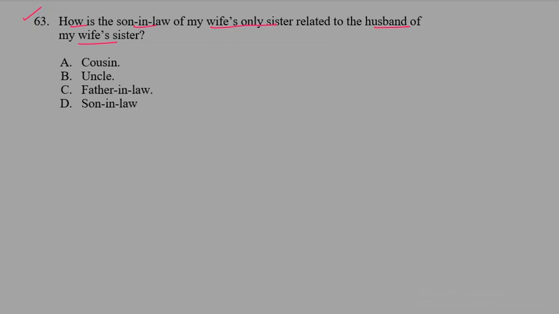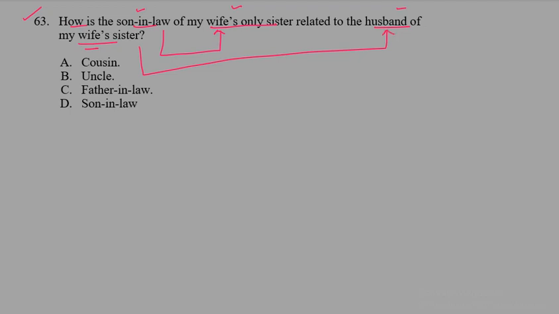The relationship asked over here is the son-in-law of my wife's only sister, which means my wife's daughter's husband, and how he is related to the husband of my wife's sister. We need to find the relation to the husband of my wife's only sister.